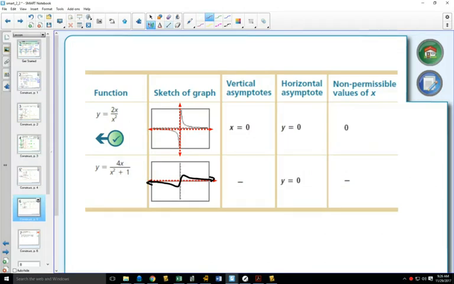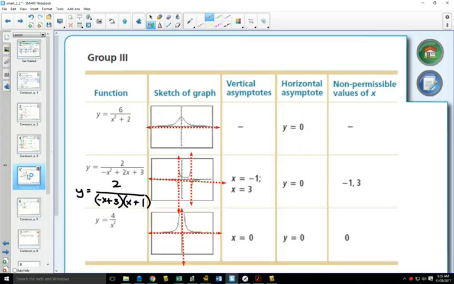So if we would label our asymptotes, we have y equals 0, y equals 0, x equals 0. Go back a page and do the other ones. Y equals 0, y equals 0, y equals 0, x equals -1, and x equals 3, and x equals 0.